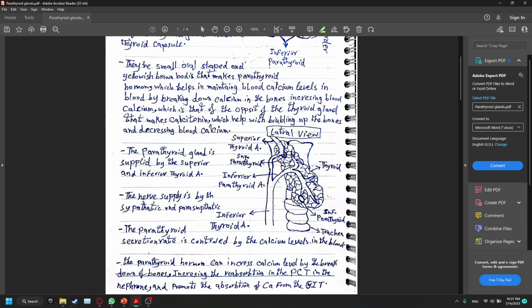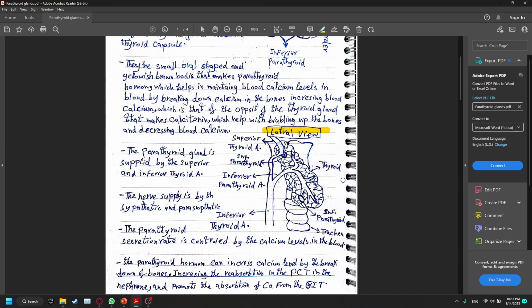And once the inferior thyroid artery meets with the superior, it gives rise to the superior parathyroid artery, and this artery supplies the superior side of the parathyroid gland, right?